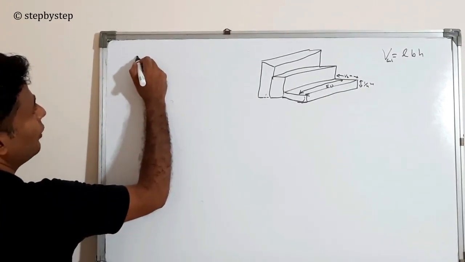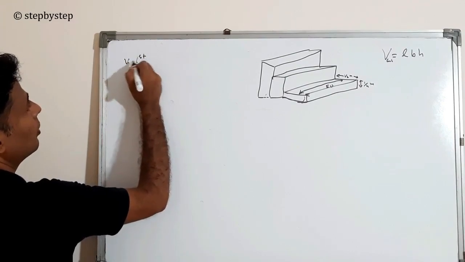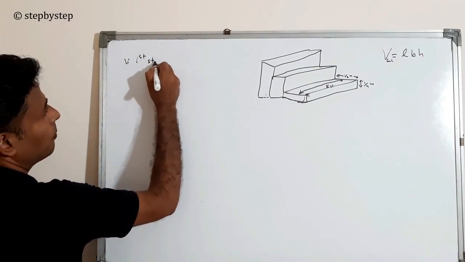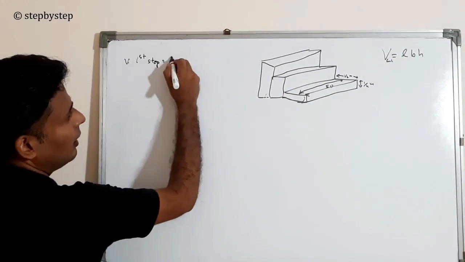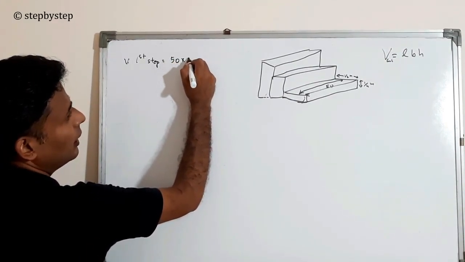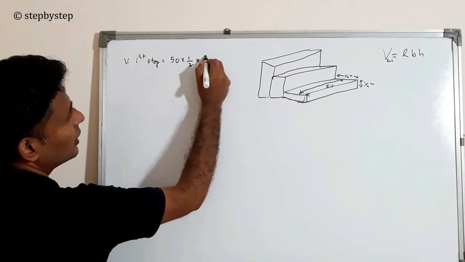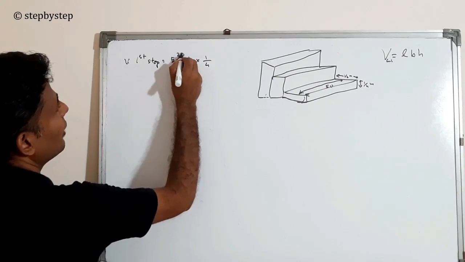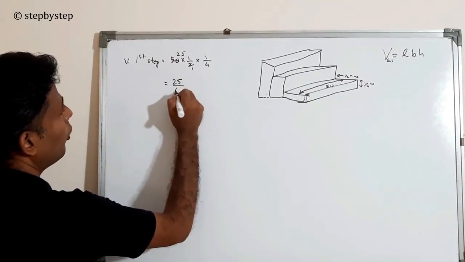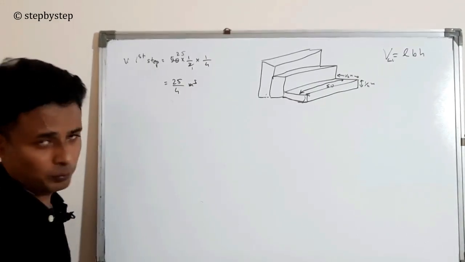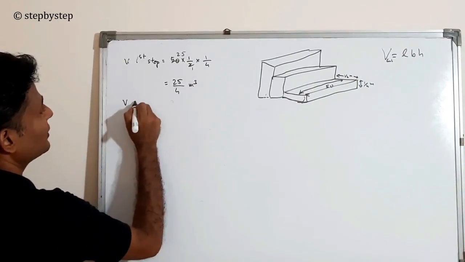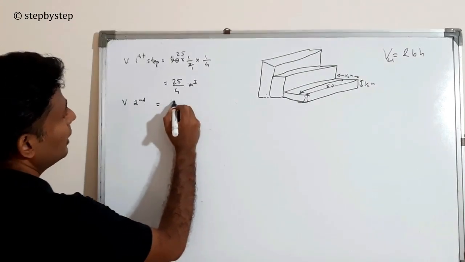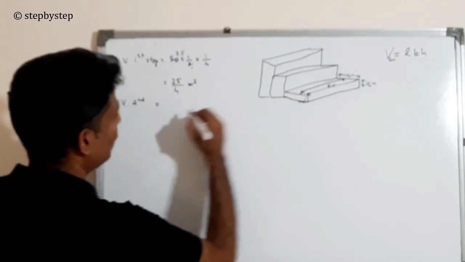So the volume of the first step will be equal to L, that is 50, into B, that is 1/2, into H, 1/4. So 2 ones are 2, 5s are 25, so the answer is 25/4 meter cube. Similarly, the volume of the second step will be, okay, the length is 50 itself.